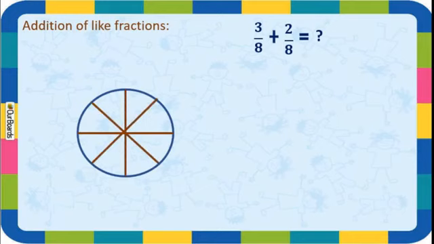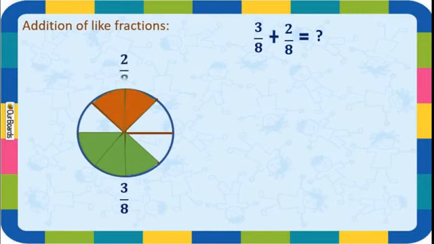Okay, now first we will color 3 parts. This is 3 upon 8 plus now 2 upon 8. Again we will color 2 more parts. Okay, this is 3 upon 8, this is 2 upon 8.